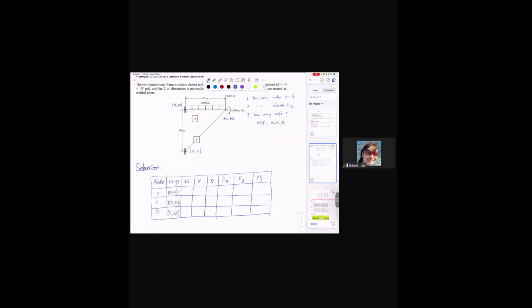Okay, so for node 1, fully fixed. Node 3, fully fixed. How about the others? And also, how about the forces?